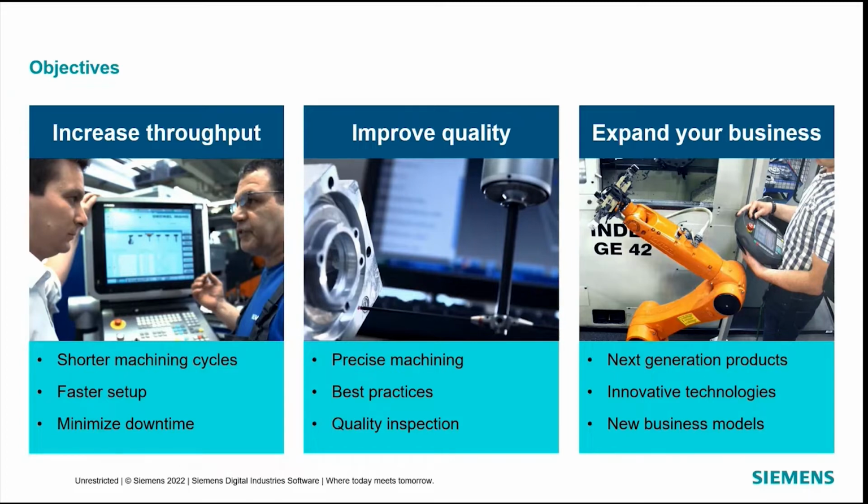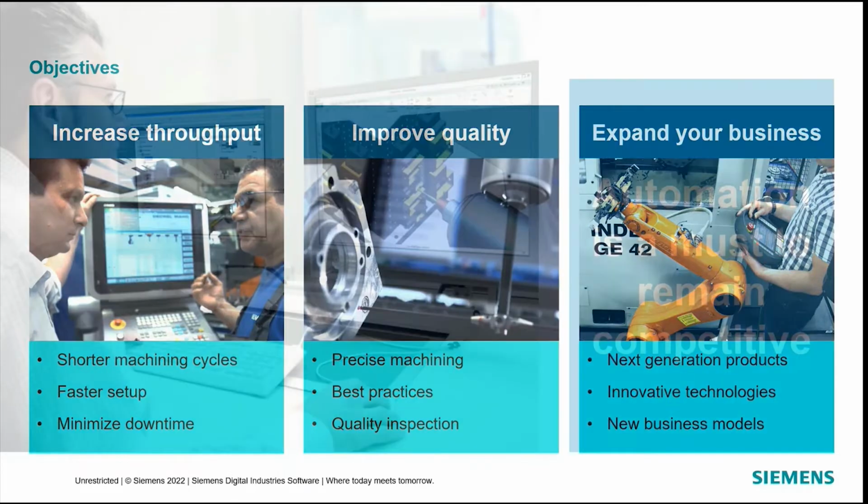Robotics are really coming on very strong everywhere, not only in automotive, but even down into the smaller tool shops. We keep running across more and more people adding robots into the work cell environment. And then there are new business models coming around. All these things can be helped and met by automation of the systems involved in manufacturing, specifically NX CAM.